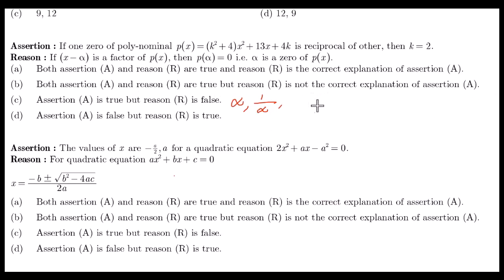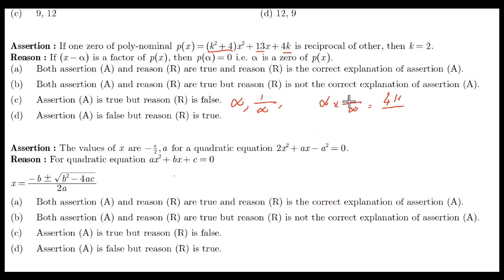Then the product, alpha into 1 by alpha, is equal to C by A. What is C? C is 4k. Here, the coefficient of x square is A, the coefficient of x is B, and the constant term is C. We are studying the relationship between the zeros and the coefficients of the polynomial.